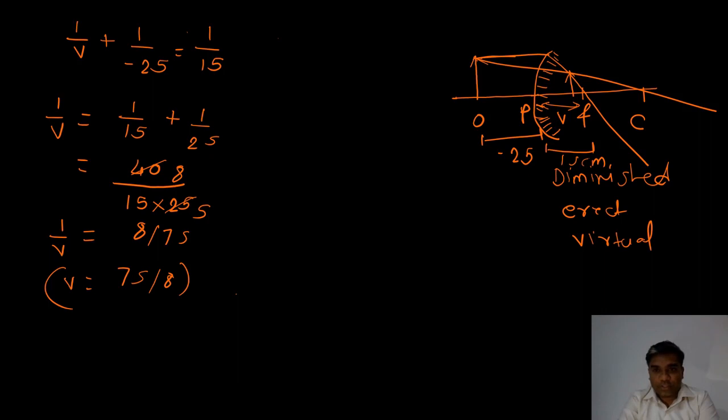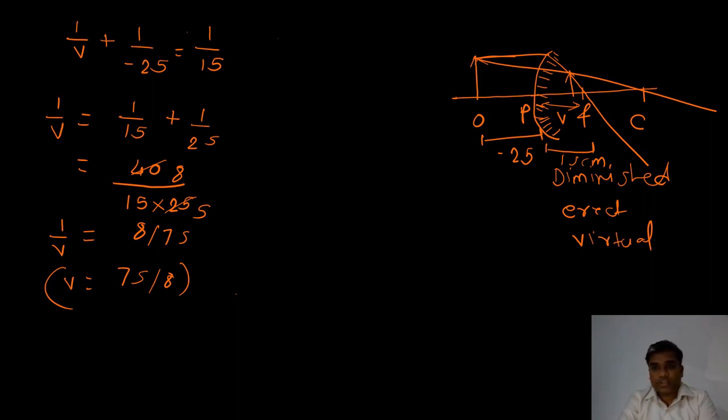So here we are getting a diminished image, erect and virtual, because the rays are actually not meeting. When the rays come towards this surface, they reflect back. We extend them and get the image here.